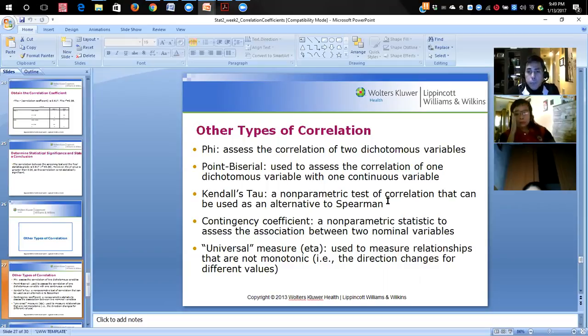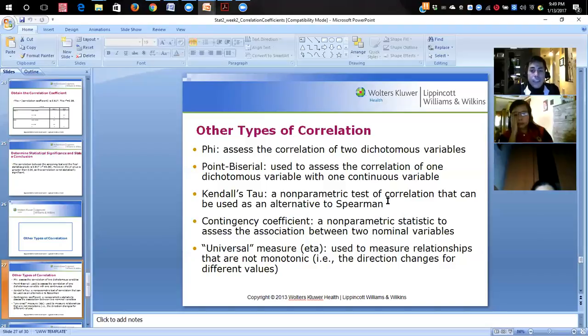In the publication that I sent you on Kendall's Tau, they were looking at the correlation of event-free survival, which means that the disease did not come back, and how long the patient enjoyed event-free survival.